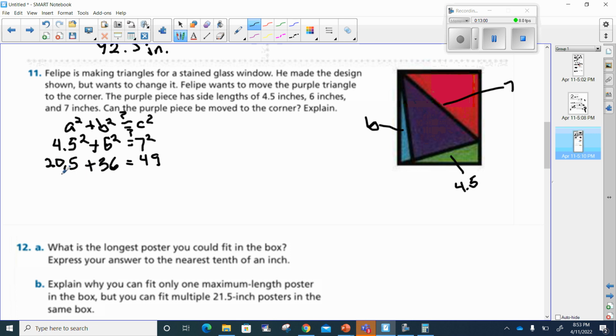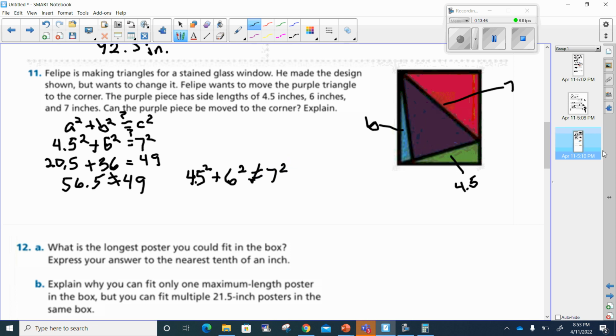We can already see this isn't going to work out because these two together are going to equal 56.25, and that does not equal 49. So to explain, it would be because 4.5 squared plus 6 squared does not equal 7 squared.